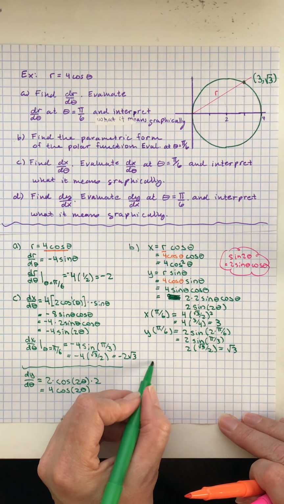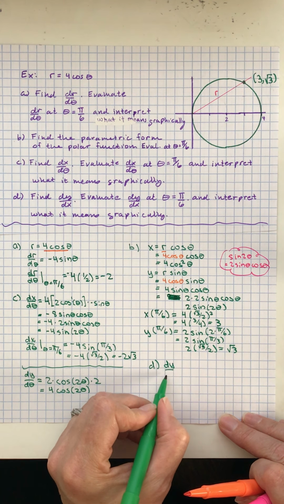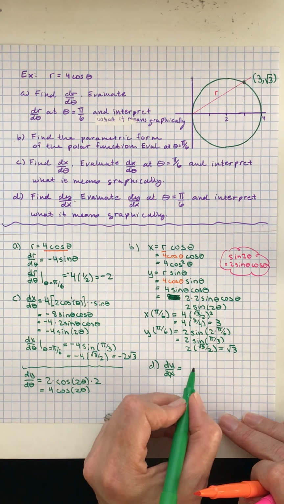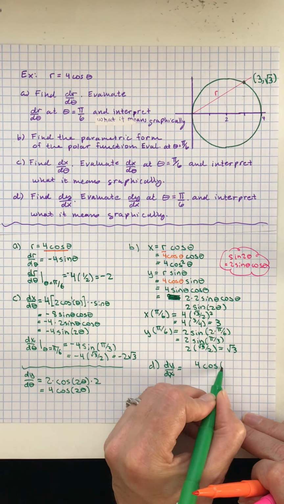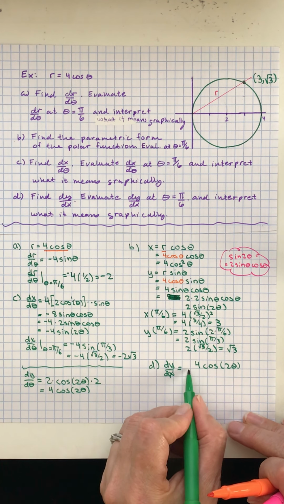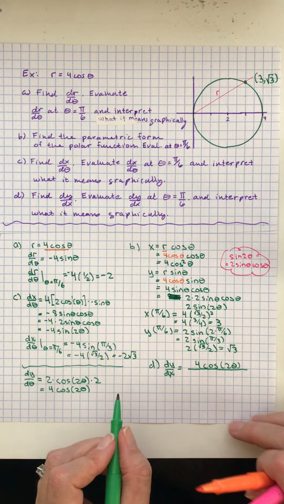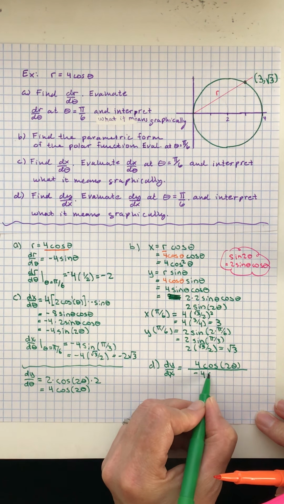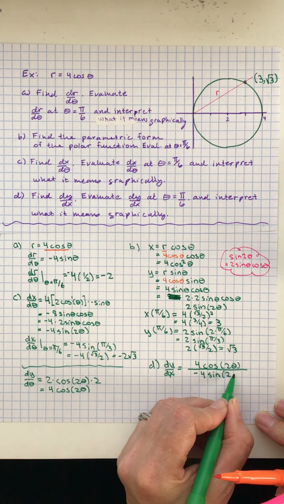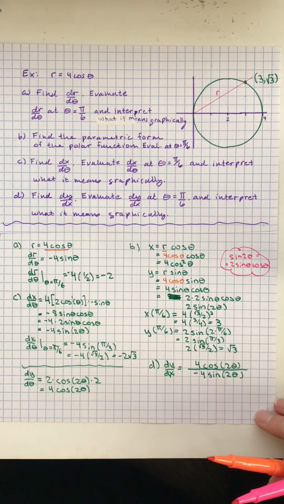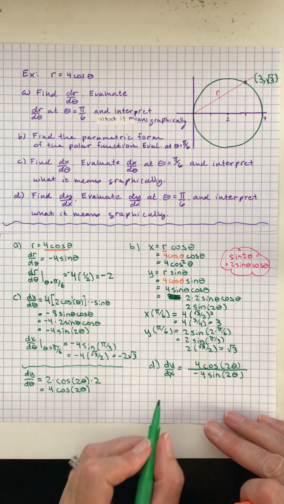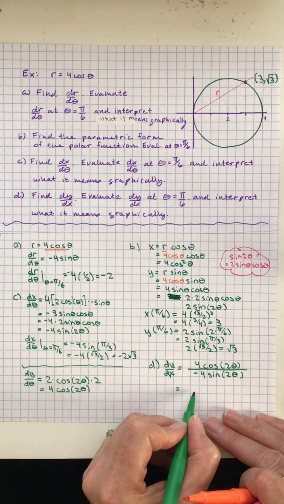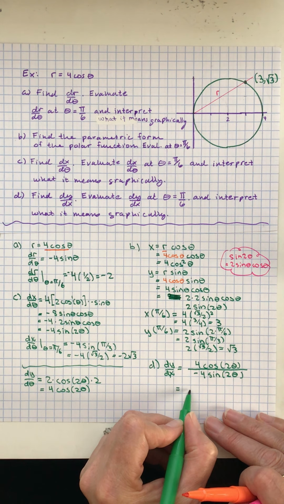So now if we do part D, dy/dx is equal to dy/d theta, 4 cosine 2 theta, over dx/d theta, which is negative 4 sine 2 theta. And then if we simplify that, we could get cosine 2 theta over sine 2 theta.